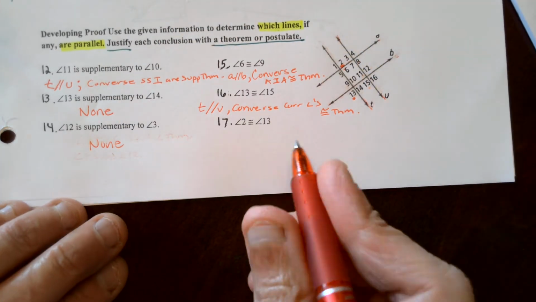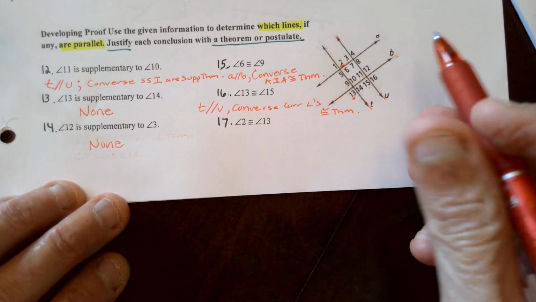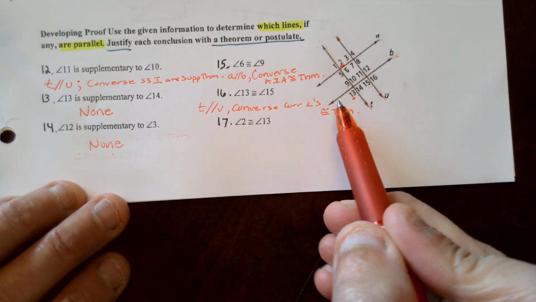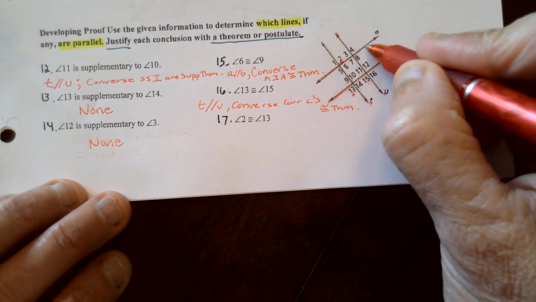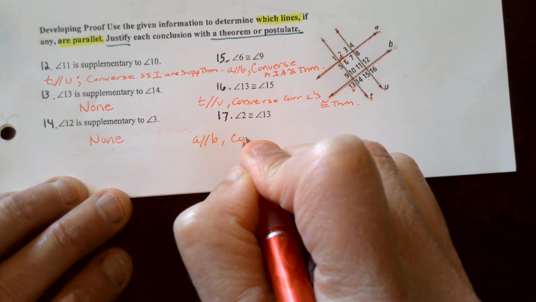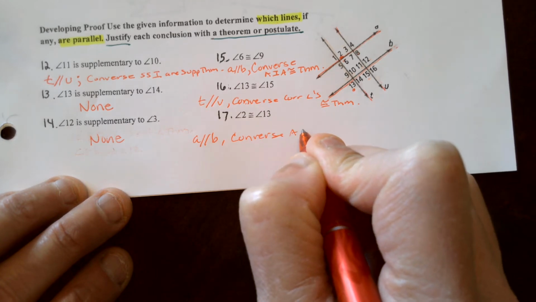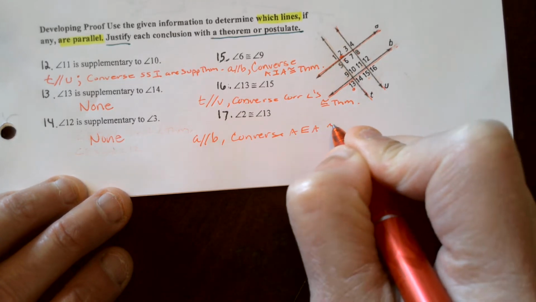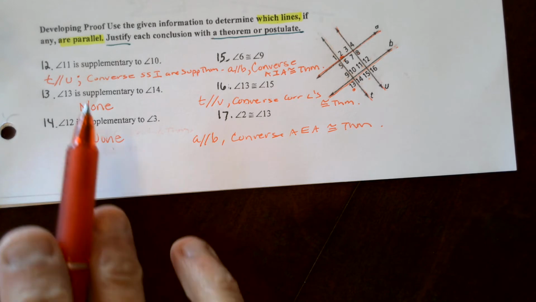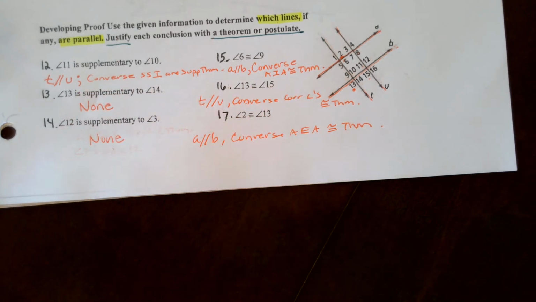So if those are the same, then we do have two parallel lines. Again, it wouldn't have anything to do with this line because that's not even part of the problem. It has to do with this line and this line. So A is parallel to B. Converse again. Alternate exterior angle congruence there. Write it down. So in here we had 4 different ones, the converses.